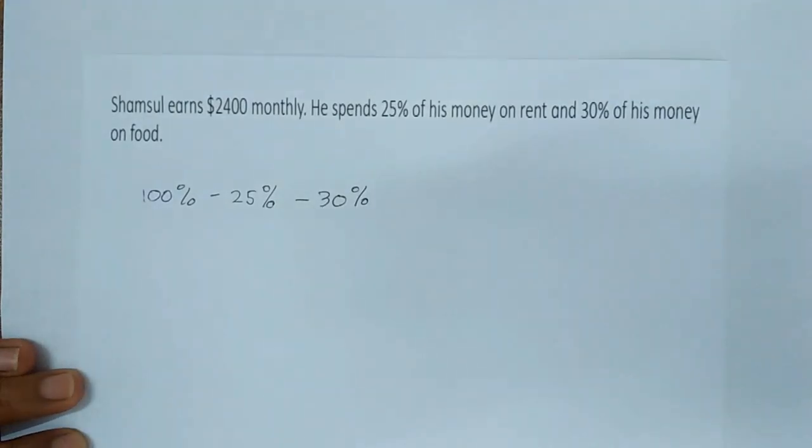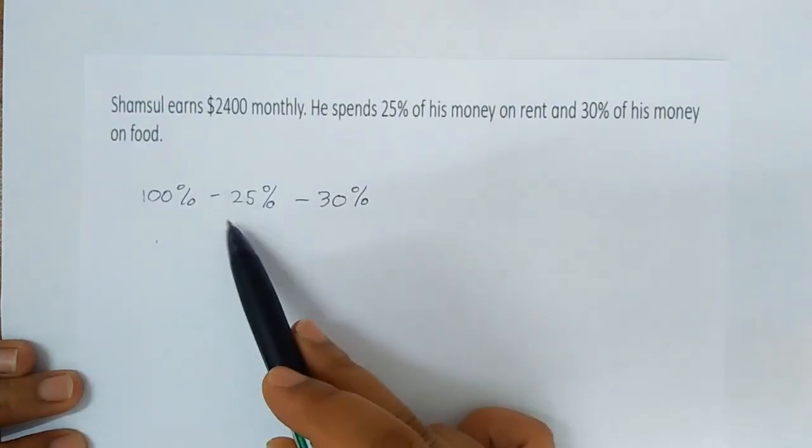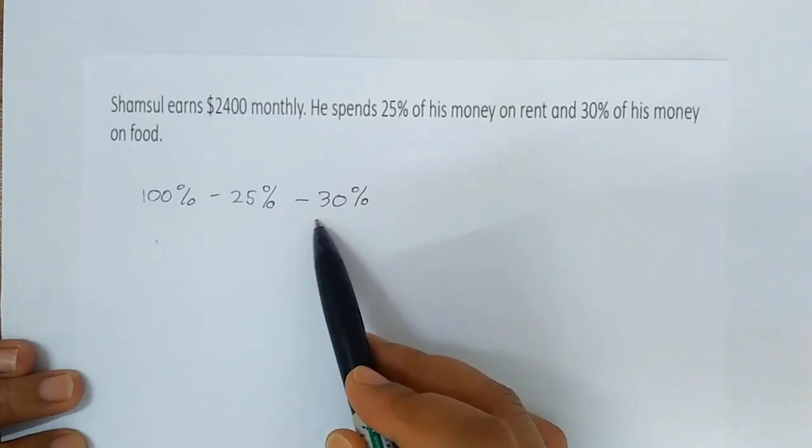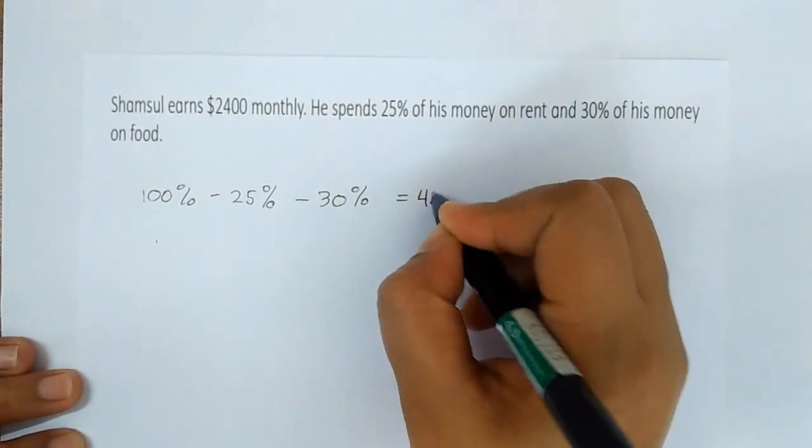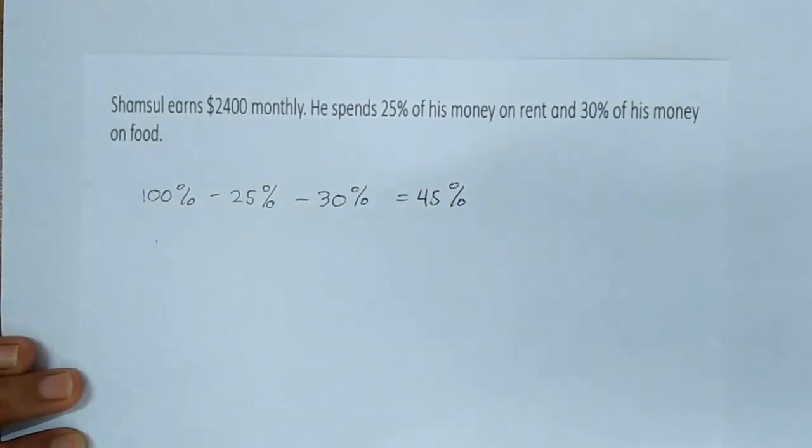So let's just subtract 100% minus 25% minus 30%. It will be 45%. Therefore, 45% is the percentage of the amount of money left.